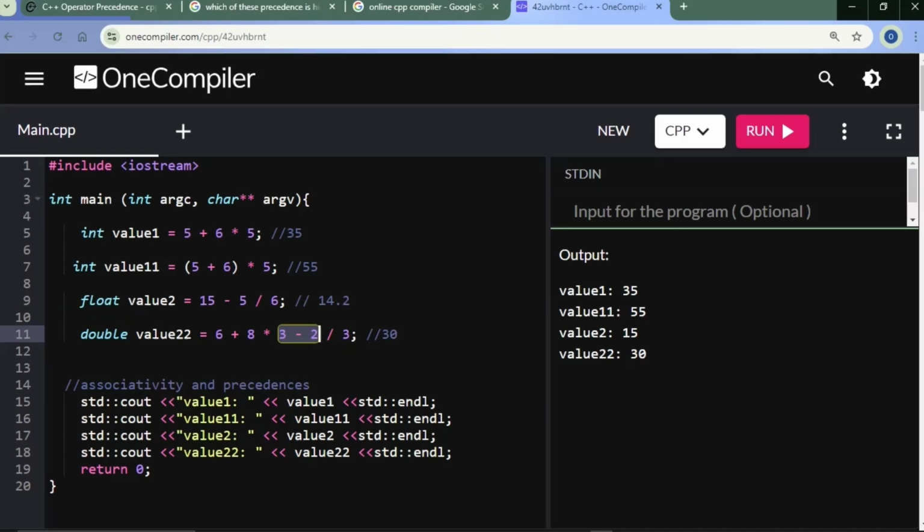So try to understand that to control the results of your operators, you have to know how to use your parentheses to decide which value should come first. The most important thing I want you to understand is that precedence considers which operator should come first, and how does it decide that?